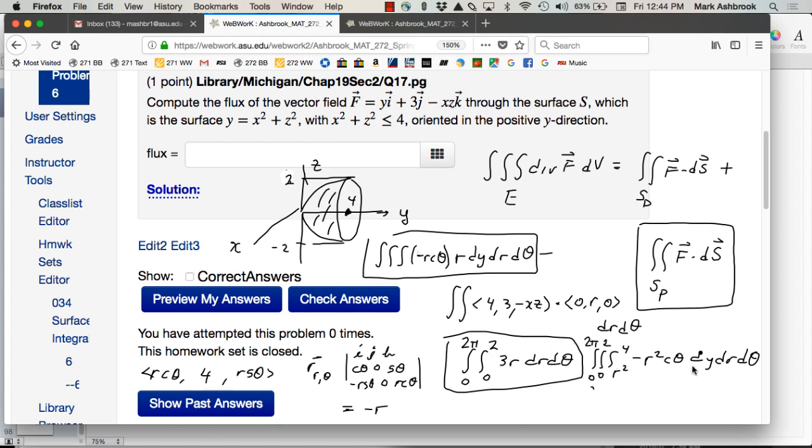So y is going to make this whole thing times 4 minus r squared. Is that right? Negative r squared cosine theta times 4 minus r squared.